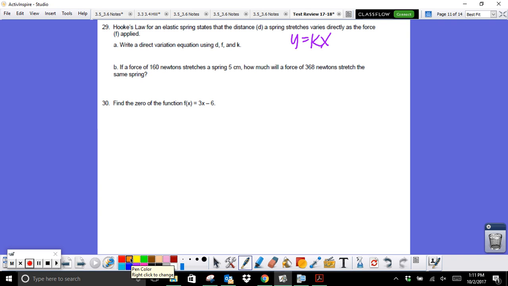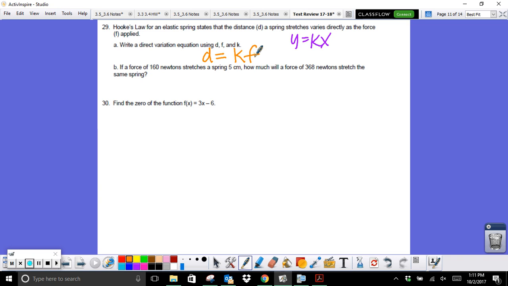So the way I think about this is whatever order the sentence is in, that's going to be the order my equation is in. So if it says that the distance it stretches varies directly, that means it's going to be d equals, because that's what it says first in this sentence. So it's going to be d equals kF in this case. You're always going to have a k in there. That's your constant of variation.